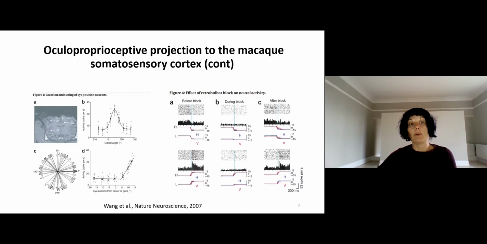And so this was the best bet of recording neural activity related to ocular proprioception. During the experiment, they had macaques fixing their gaze at various locations in the visual field.